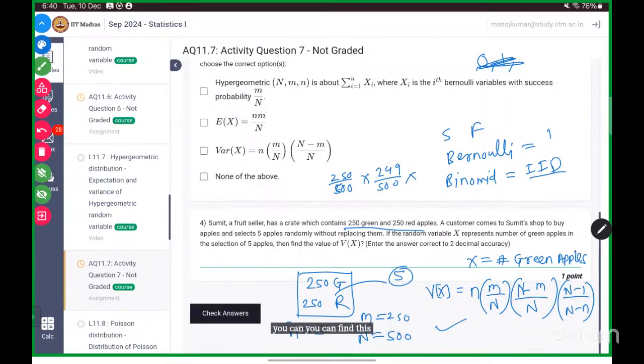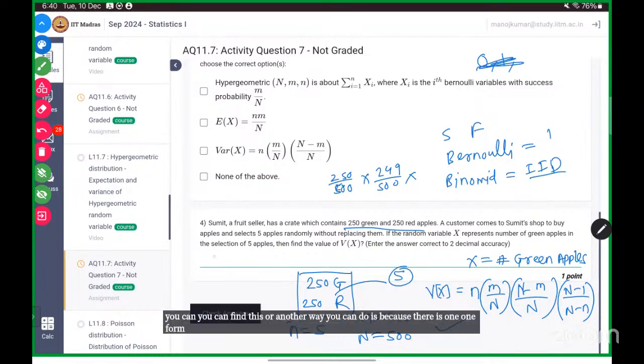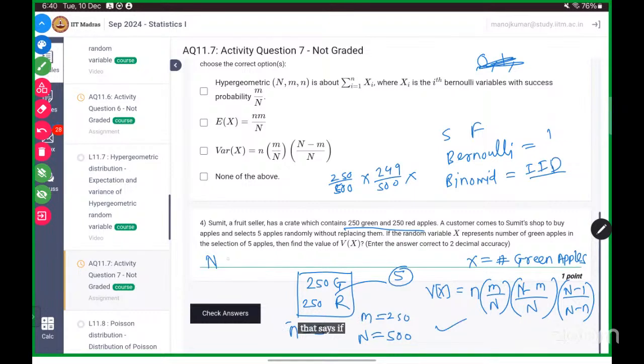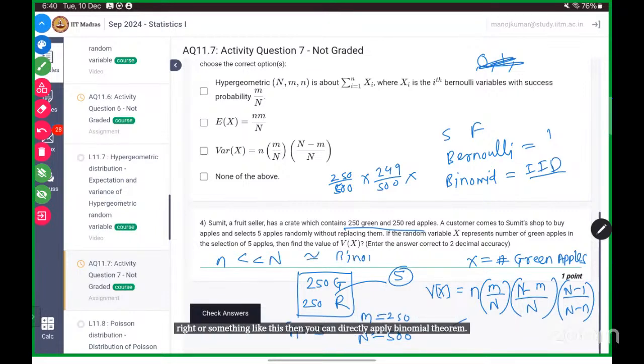Or another way you can do it is, because there is one statement that says if the small n is very small compared to capital N, then you can directly apply the binomial theorem and you will get the answer.